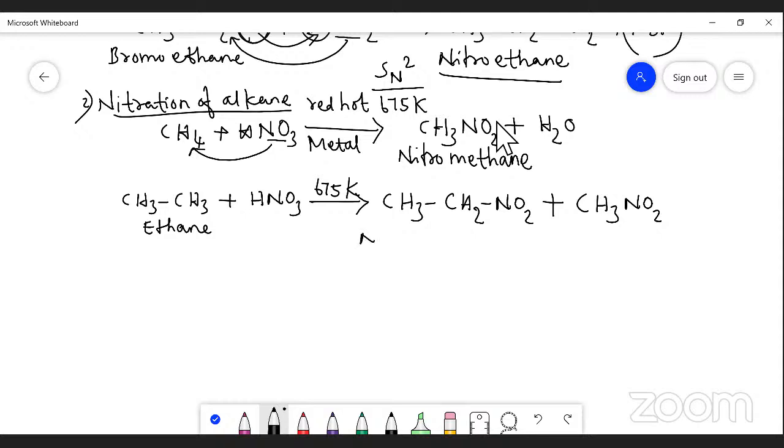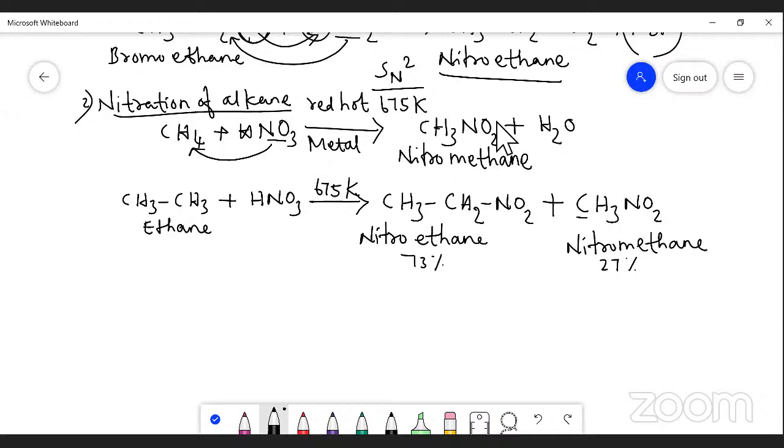We know that already: nitroethane, because it has two carbons, and here only one carbon, so nitromethane. Even though we get two compounds, the maximum yield is 73% for nitroethane, and the remaining 27% is nitromethane.